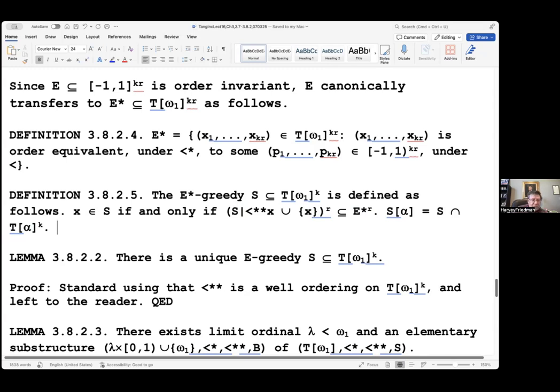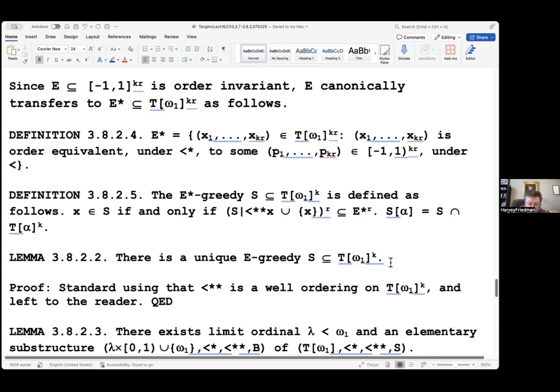Now, just as an exercise, there's a unique E greedy S. In other words, this is a legitimate definition, and that's proved in the usual way. For each point you consider a function that works up to that point, and you prove by transfinite induction that for every point there's a unique partial definition that goes that high.